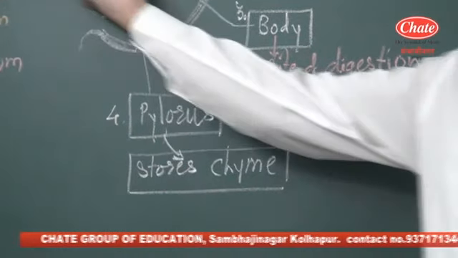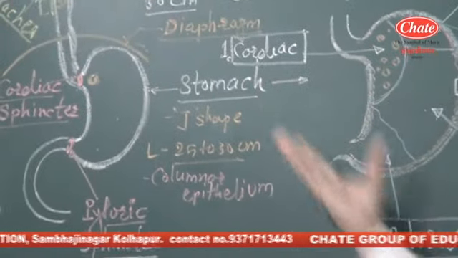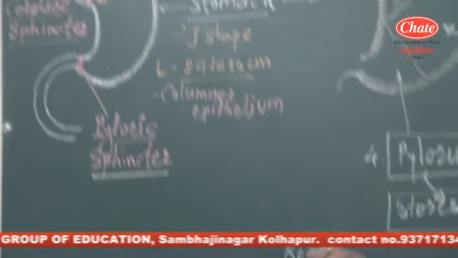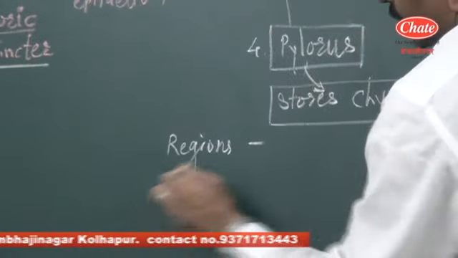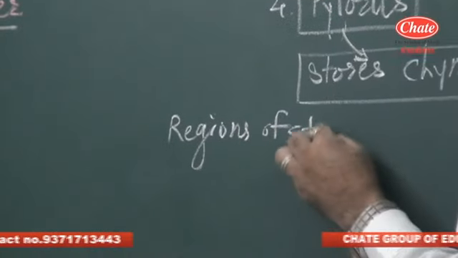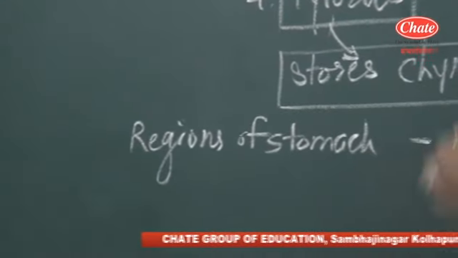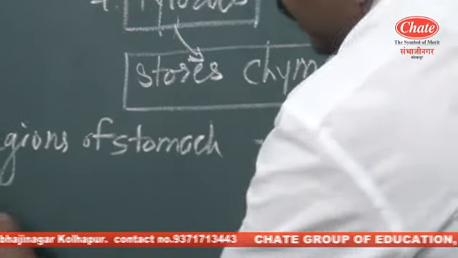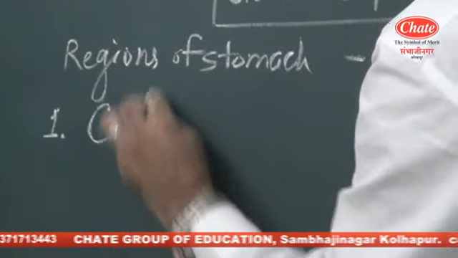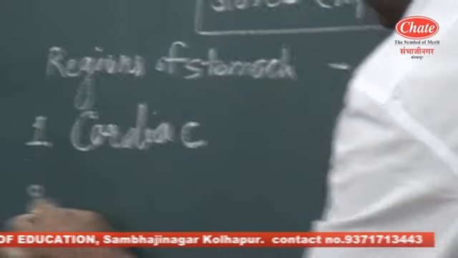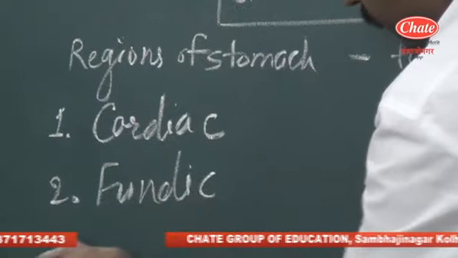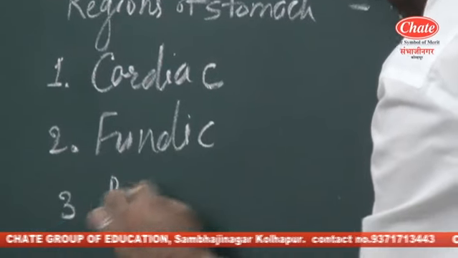So the functions are given in column first and column second. Means these are the regions of the stomach and functions. First region, cardiac. Second, the fundic. Third, the body.